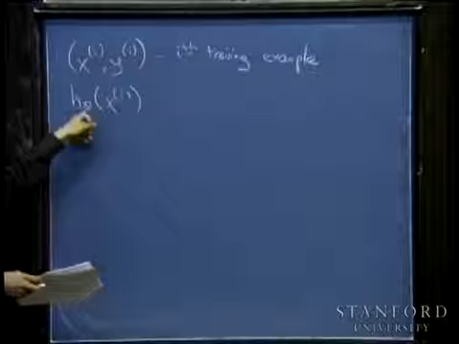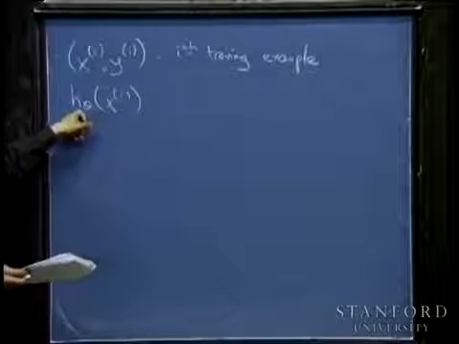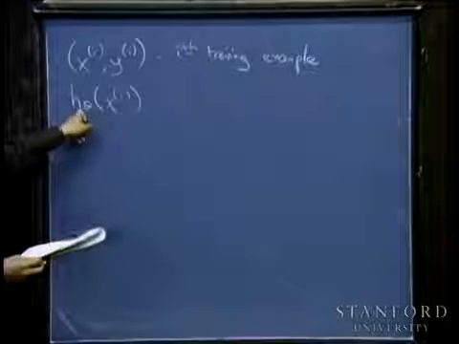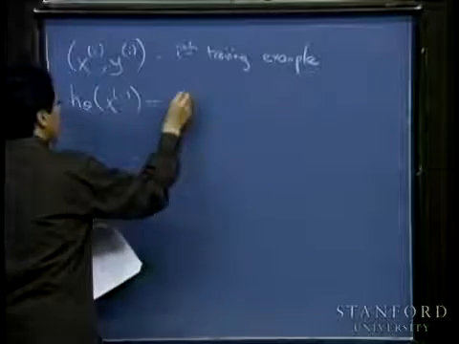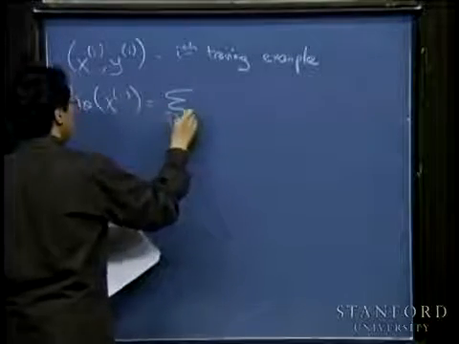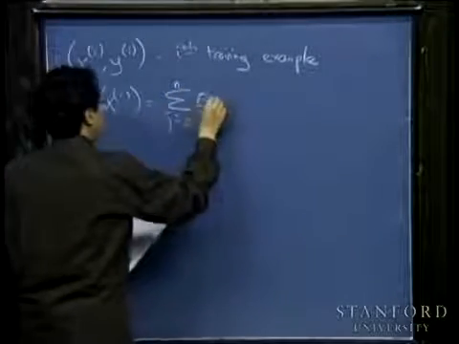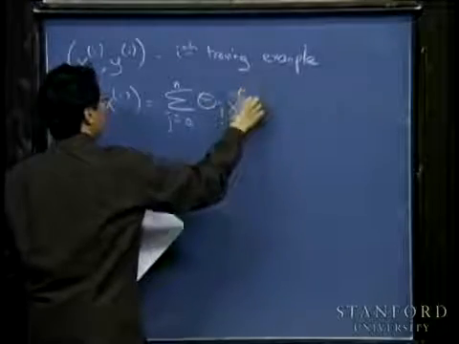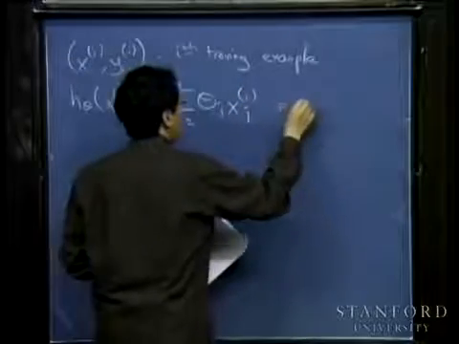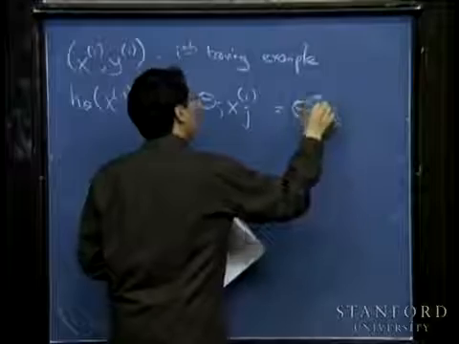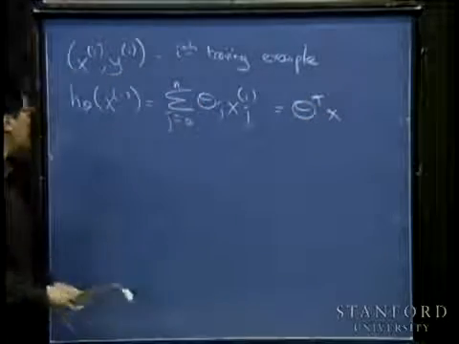And my hypothesis was parameterized by the vector of parameters theta. So we said that this was equal to the sum over j of theta j x_j^i, written more simply as theta transpose x.